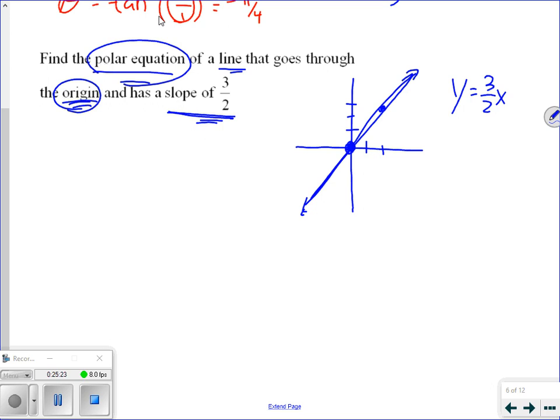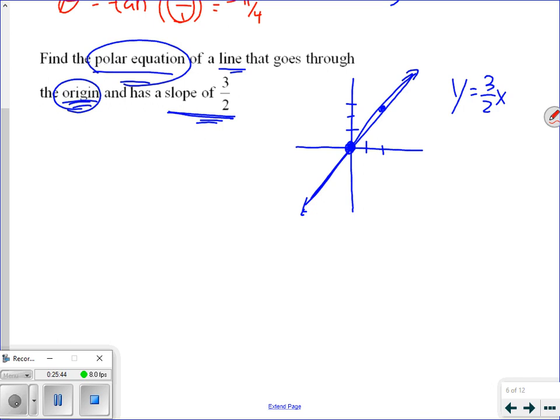Now, if this is the case, to go from rectangular to polar, it's just going to be some simple substitution, right? We're going to use the same substitutions that we used to go from points to other points.